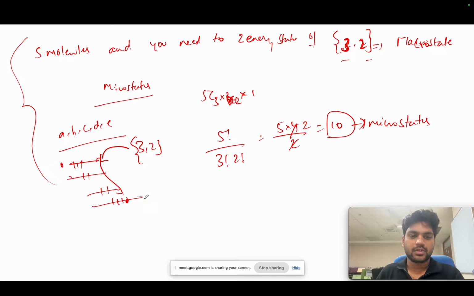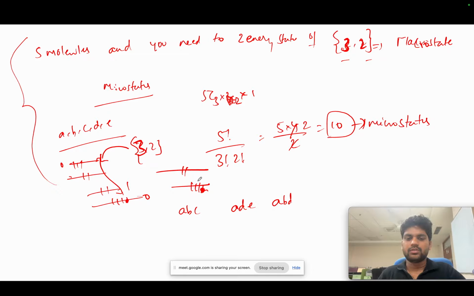This will be the configuration because we are talking about the 0 state and the first state. So just try to find out how many configurations we can get. I can say ABC, ADE, ABD. Understand, right? In the down state there are 3 molecules, in the upper state you have 2 molecules. If you do the combinations directly, you will understand that you will get 10 microstates. So this is how you can find it out.